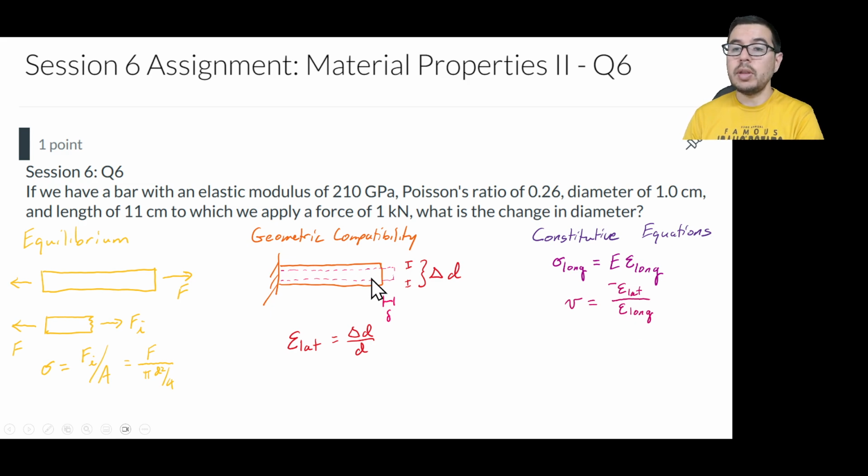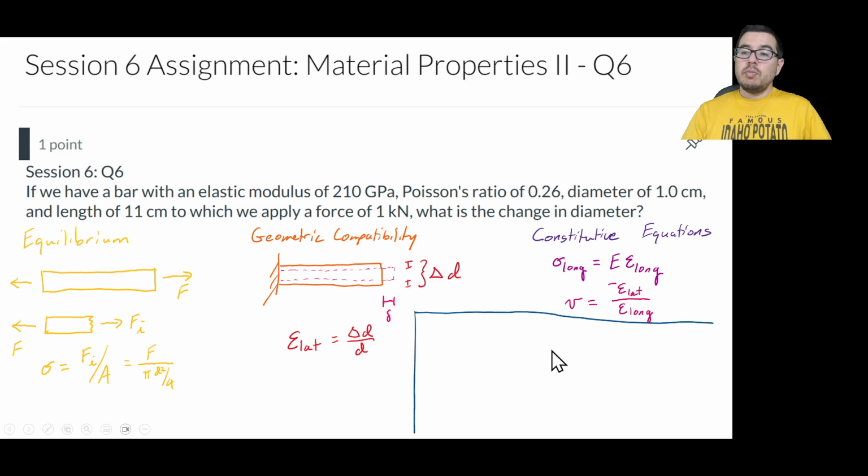We kind of saw that behavior here already, but now it's in terms of strain, and it introduces the Poisson ratio, nu.